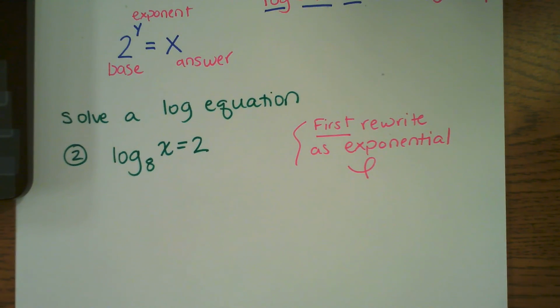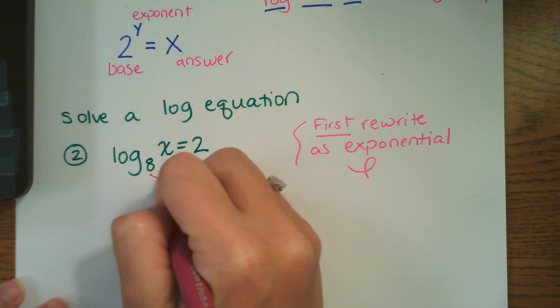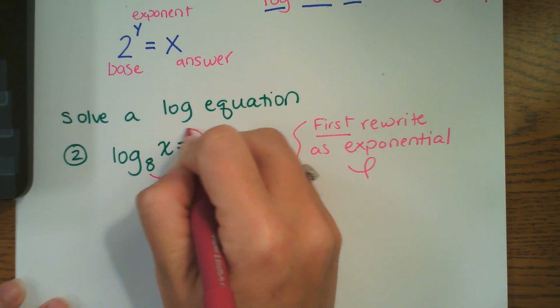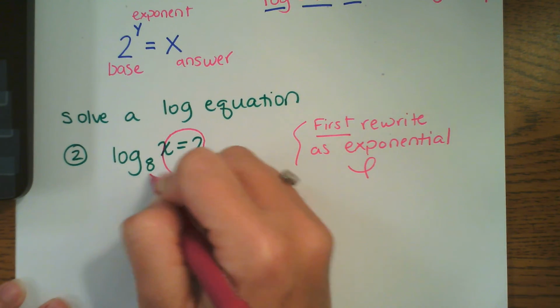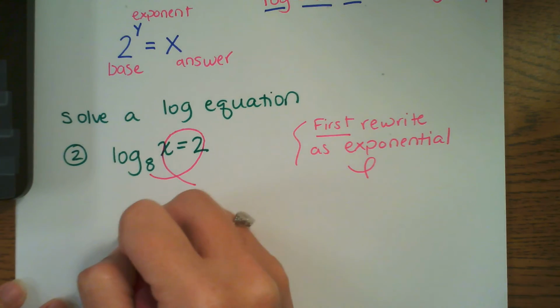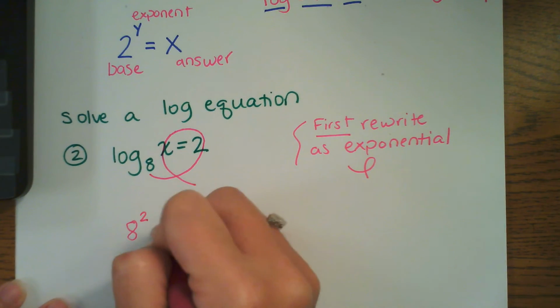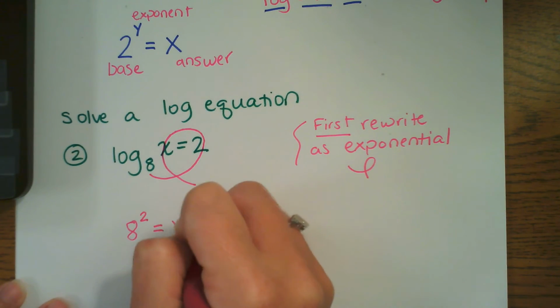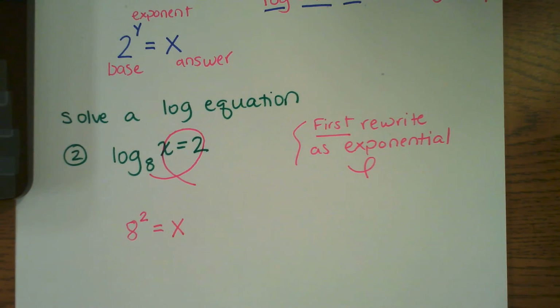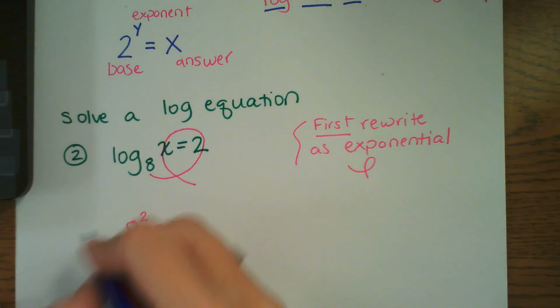So first, I'm going to rewrite this as exponential. 8 to the second power equals x. And then to properly answer the question, you want to evaluate if you need to.